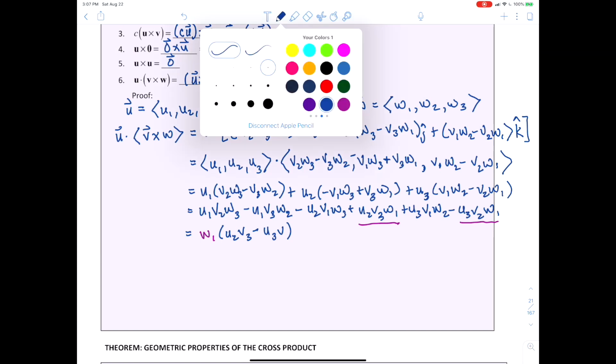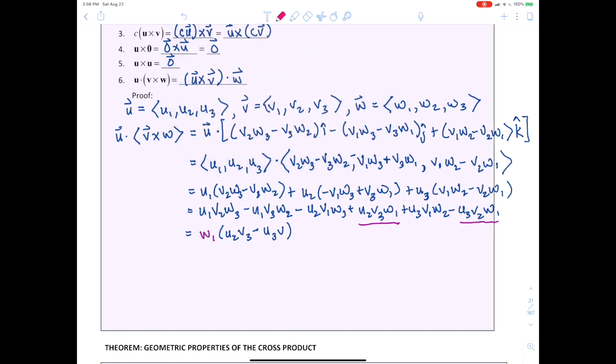And then next up, what do I need to do? I need to do the same thing with the W2. So where's my W2s? I have a W2 in this term and in this term. So that's how we'll do it this time.